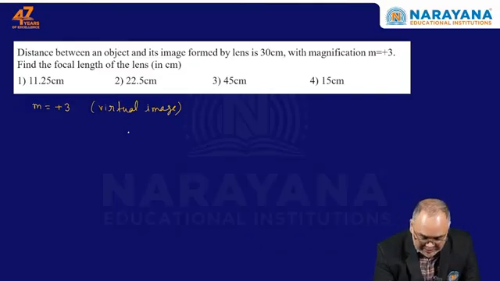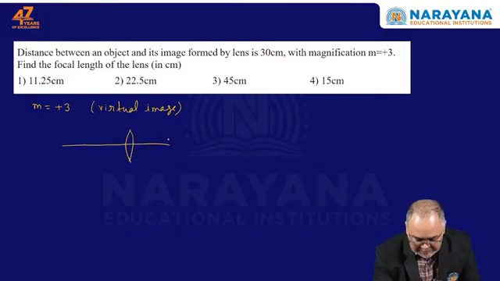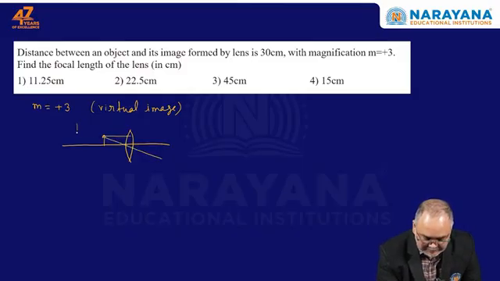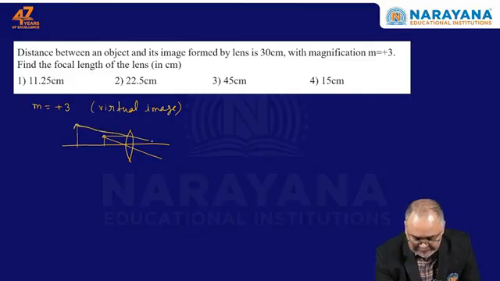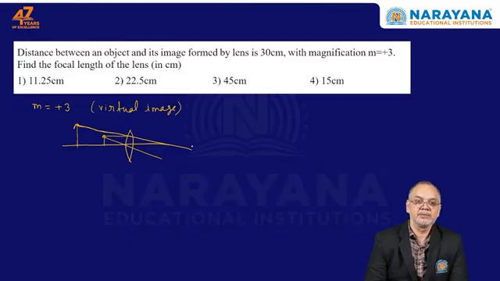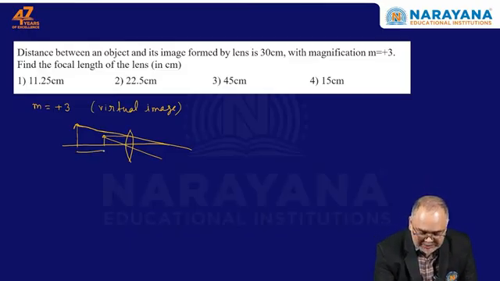So here, if you think about this, an object is kept over here, so corresponding to that the image will form somewhere here, like this one. So the distance between the object and image is given, that is 30 centimeter.